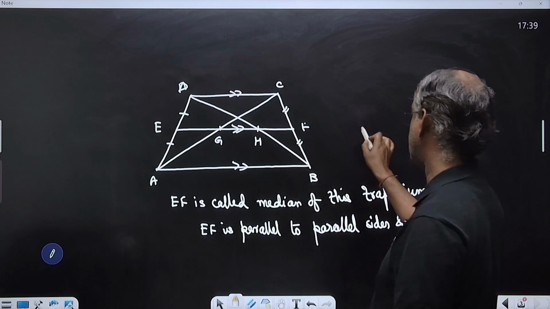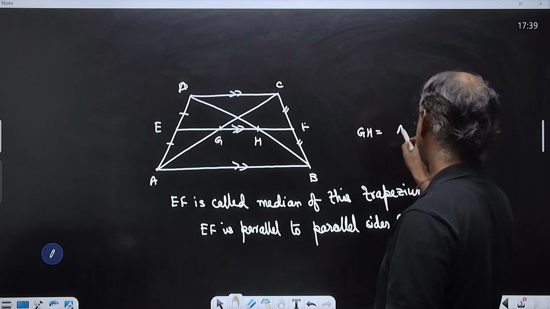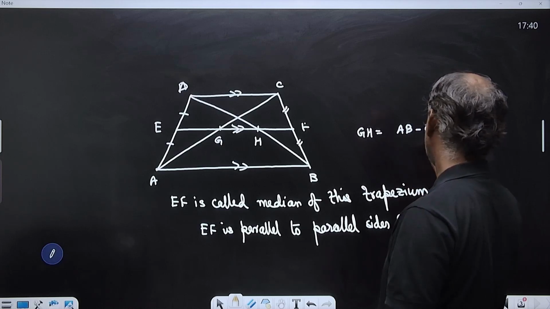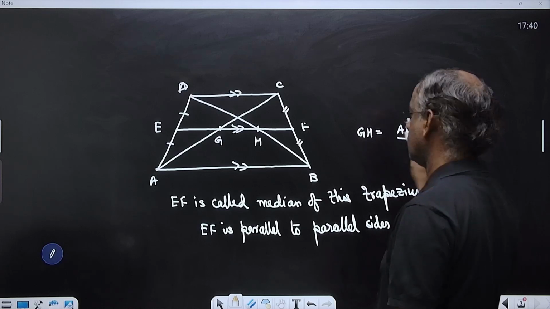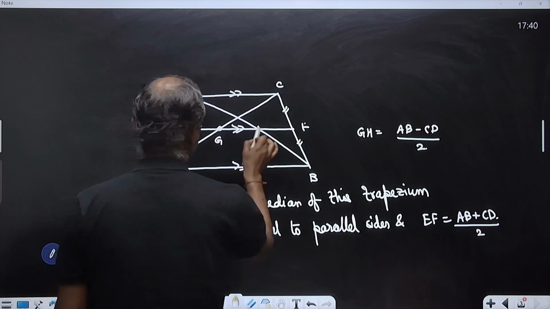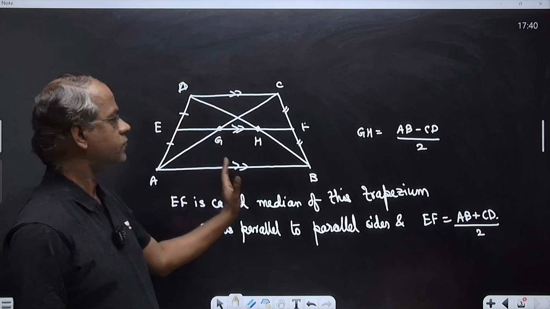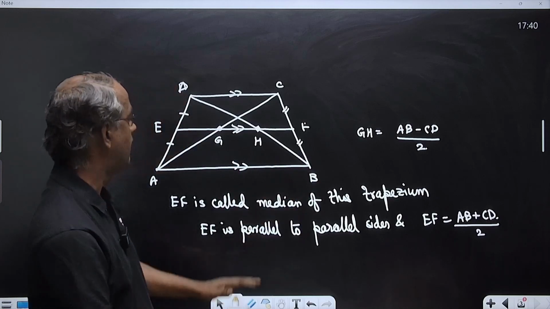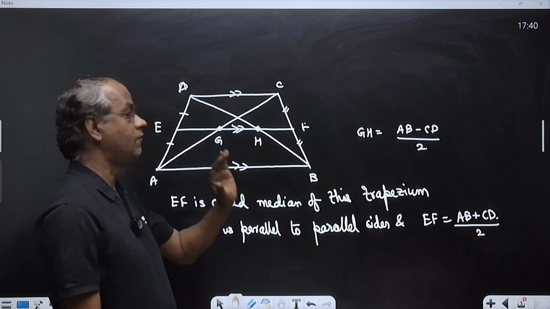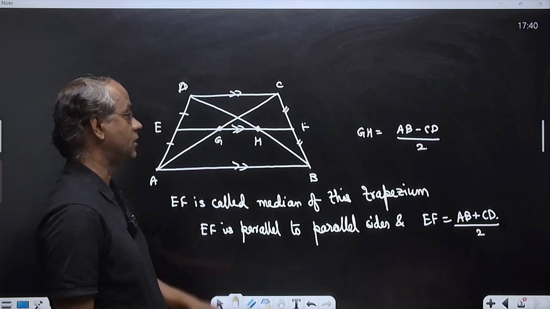So GH is this, and this will also be the midpoint. Once we come to parallelogram, we will be proving this. This is basically the converse of Thales theorem, the midpoint theorem. The converse of the midpoint theorem is giving this.